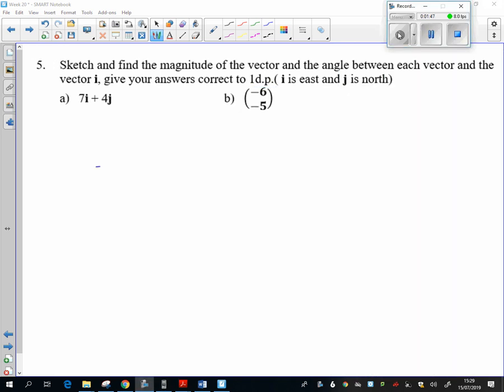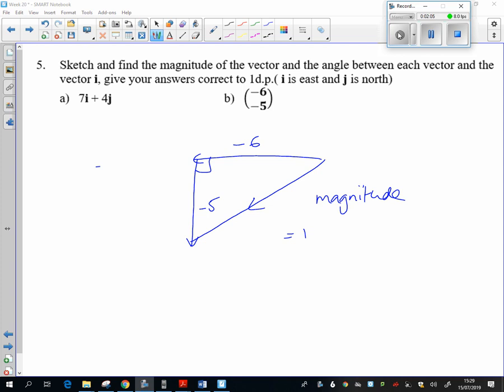Okay, so vector B, so that's minus 6, so that's going to be 6 to the left, and minus 5, so that's going to be down 5. So that's our resultant vector here. So again, I'm going to have a right angle triangle. So magnitude is going to be Pythagoras.